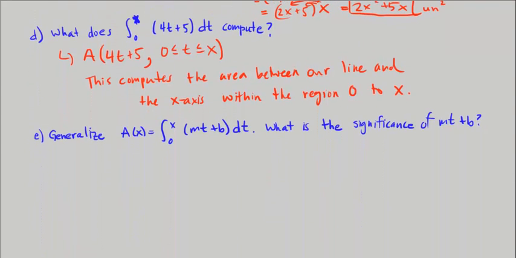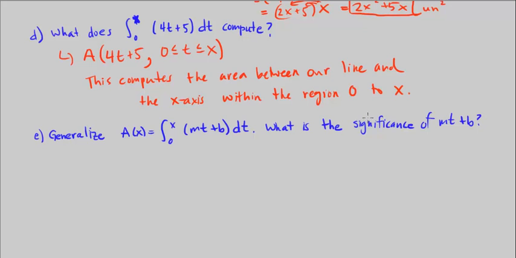Finally, we're asked to generalize the area, which is the integral from 0 to x of some generic line, right? This is mx plus b. We're using the variable t, so it's mt plus b. Okay, then we're asked, what is the significance of mt plus b? So when we have a general line, we know that b is the y-intercept.